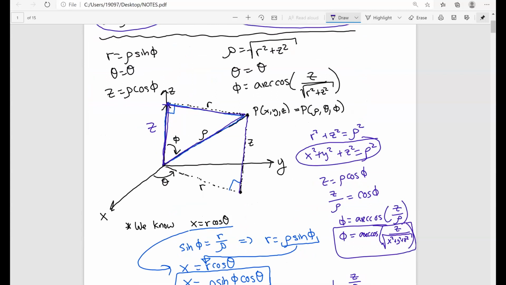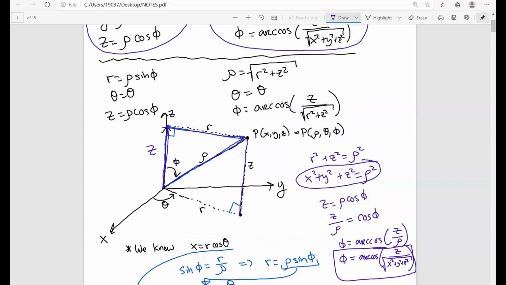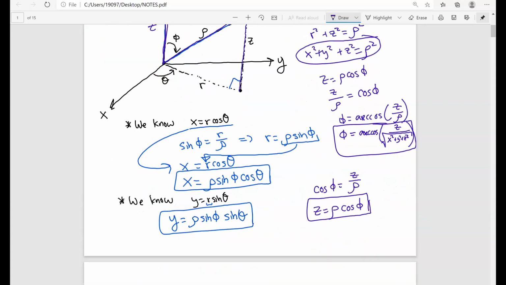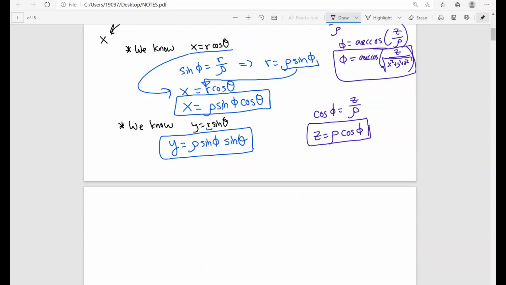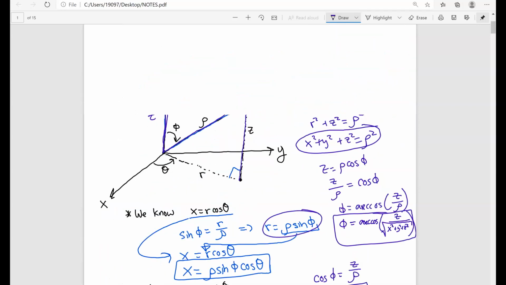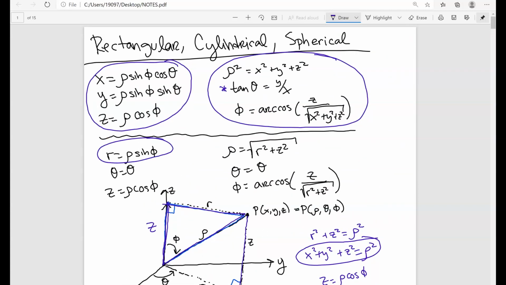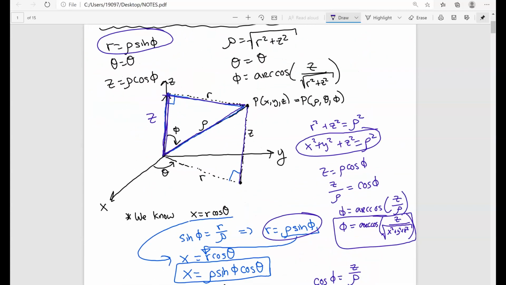And now the last ones, the cylindrical ones, are actually not that bad and pretty easy. You're basically doing the same exact thing. Notice that I've already derived some of them. You can see that r equals rho sine phi. We've already defined it, and that's just our first equation, so we already did it using this trigonometry.